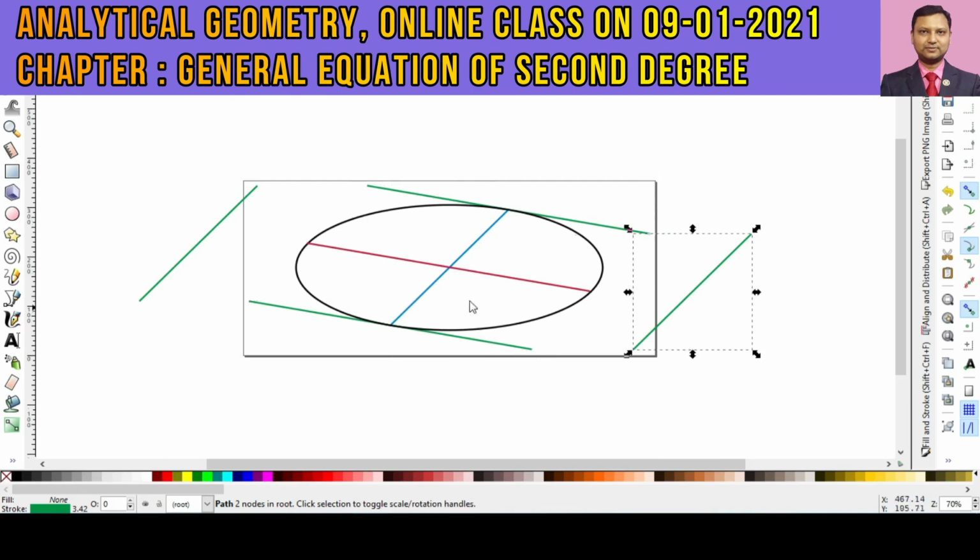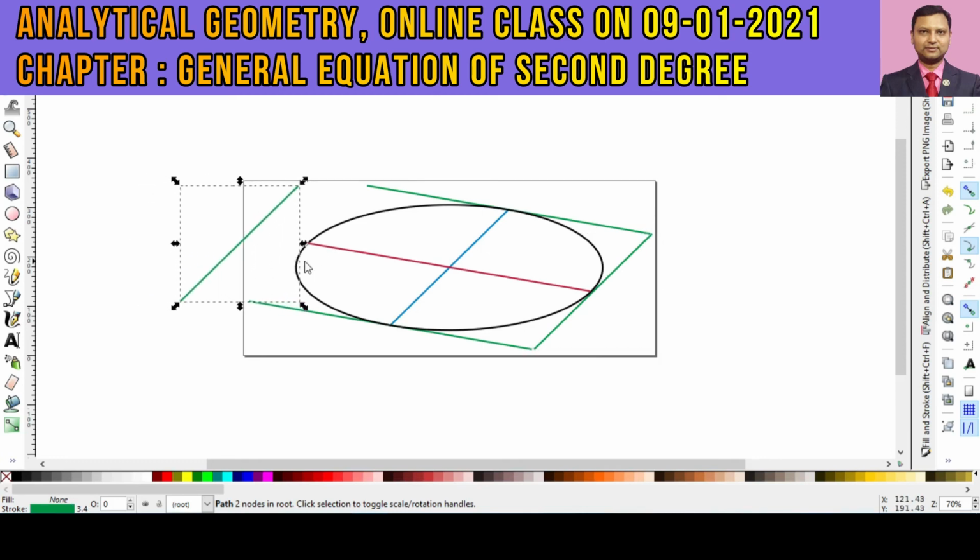Similarly, with respect to this blue diameter, if we consider two more straight lines at the endpoints of these two diameters, then they will all be tangent at all these 4 points, and ultimately they would form a parallelogram like this.